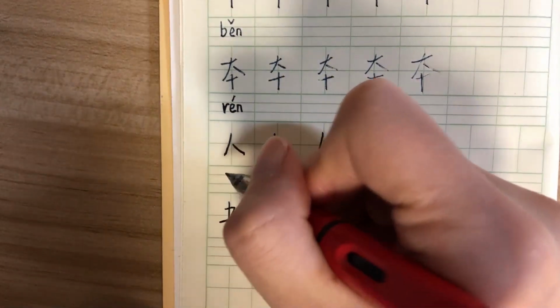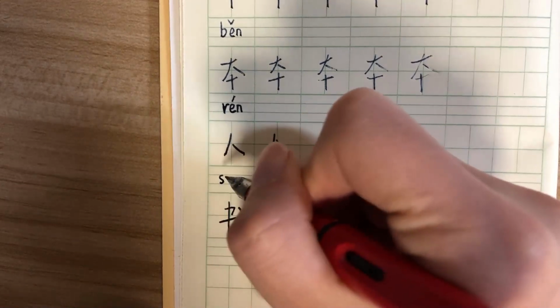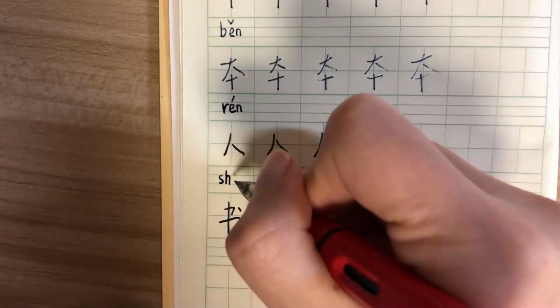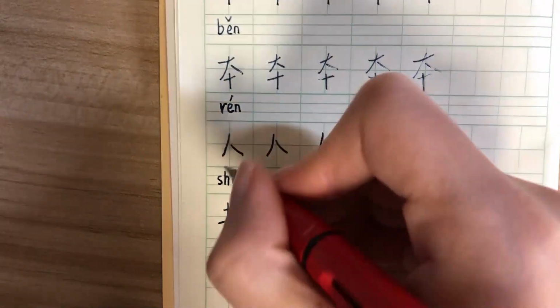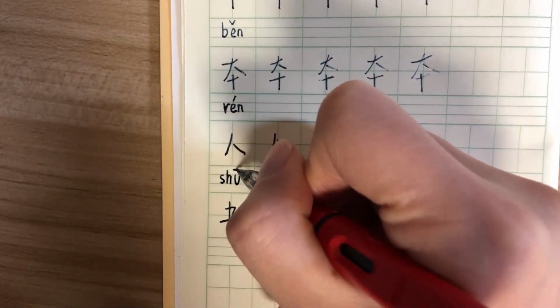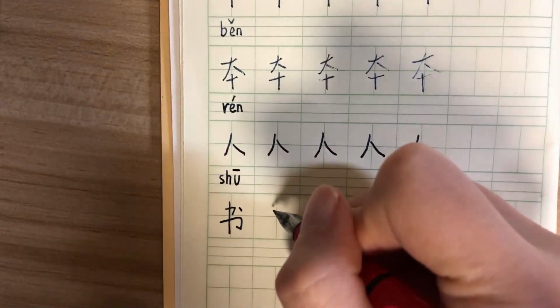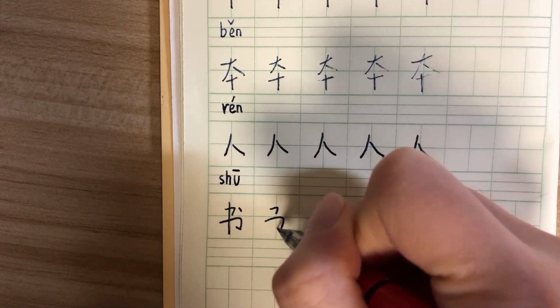Its pinyin is shū. The initial here is sh and the final here is u, and its tone is level tone. I'm going to write it again. You can write it with me.